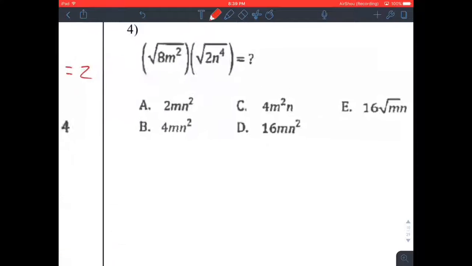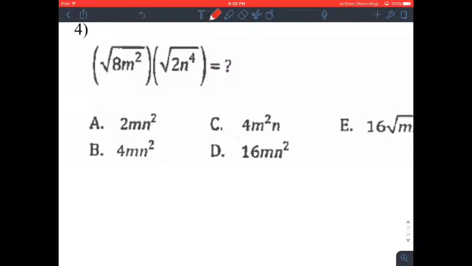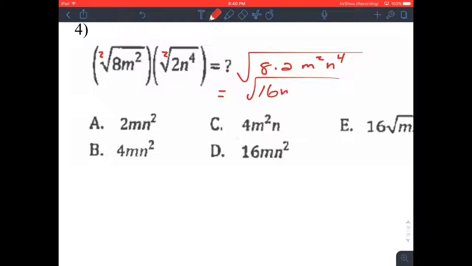Number 4, we are multiplying two square roots. We know it's squared because there's no number inside the little radical symbol. You can multiply the numbers together and the letters together. So that's the square root of 16 times m squared times n to the 4th.